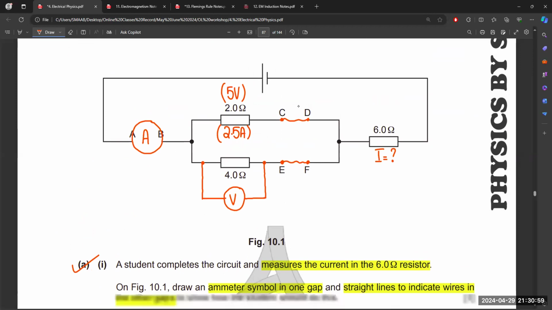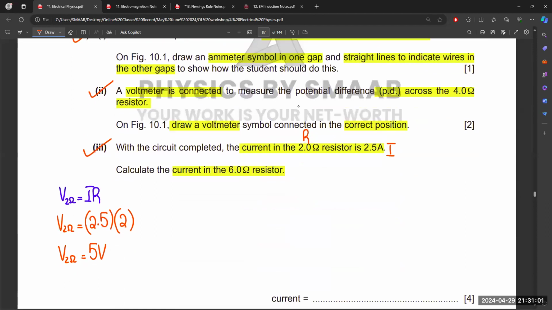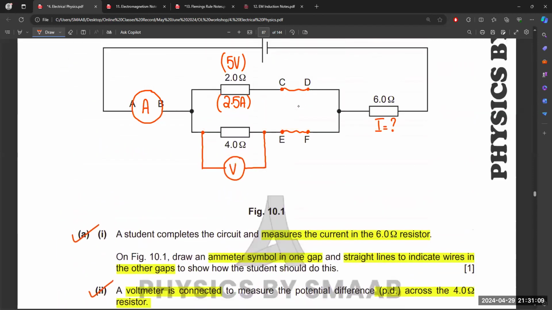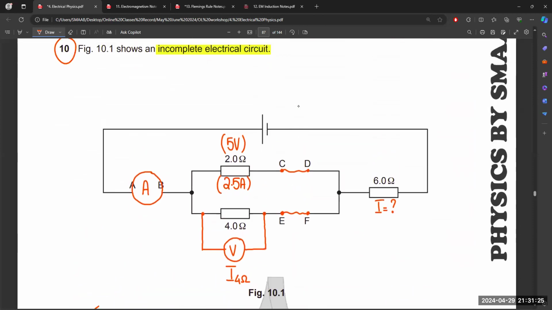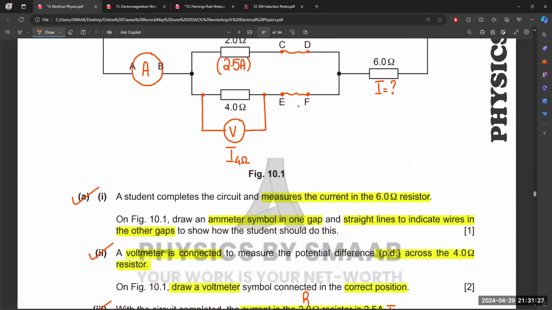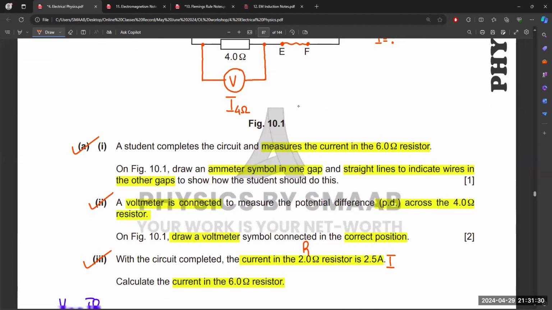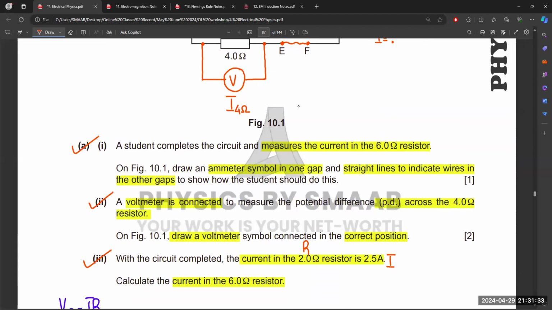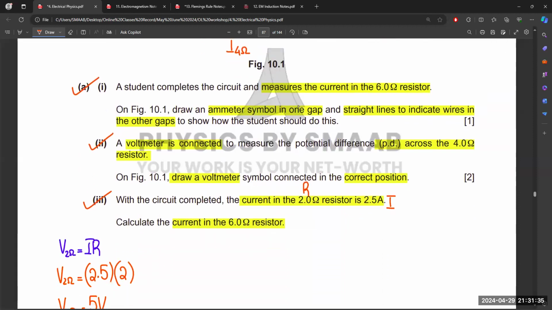And next, if we talk about the electric current in the second resistor, the 4 ohm. The potential difference is given, right?